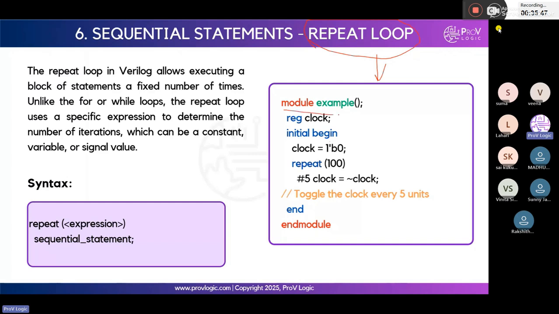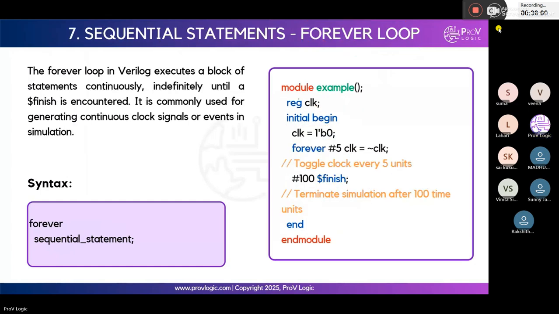See here: module, reg clock, initial begin, clock equal to 0, repeat 100 times, #5 clock equal to not clock. Okay. And for forever: initially clock equal to 0, forever #5 clock equal to not clock. At 100 time units, $finish.